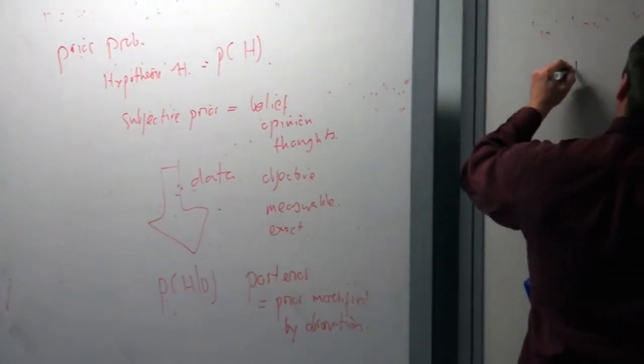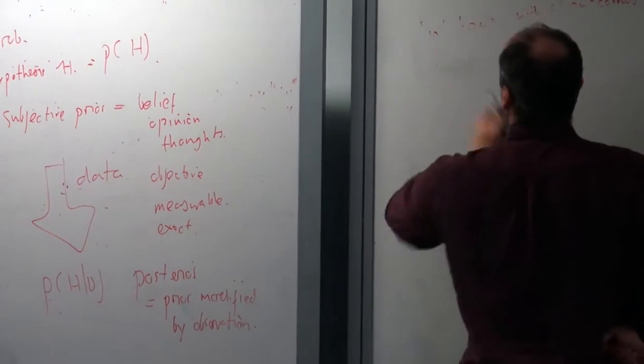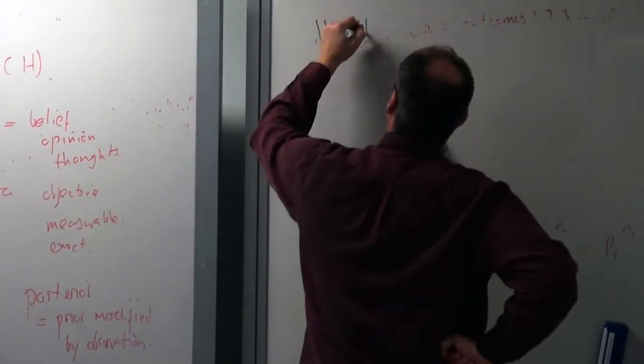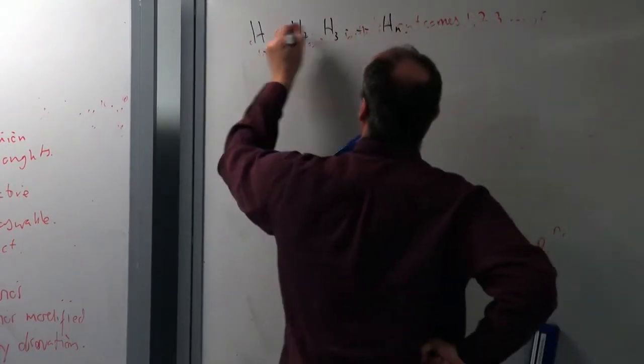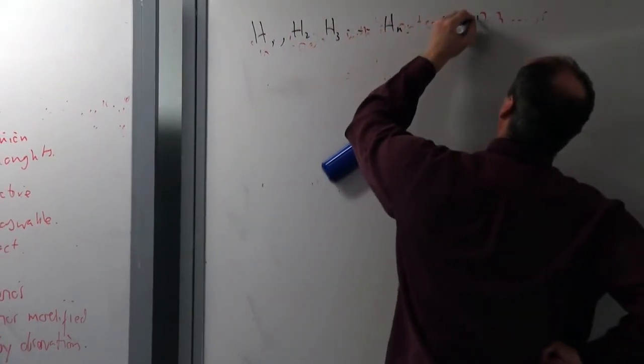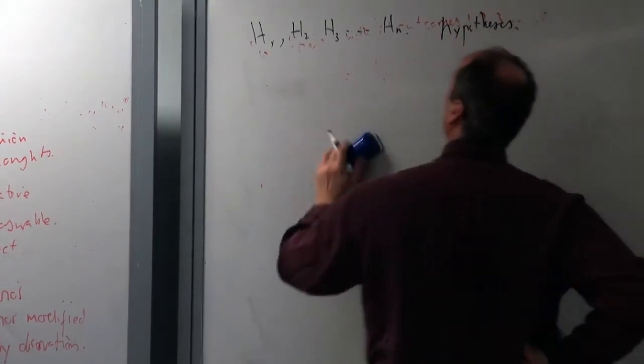So the probability of H, if you've got H1, H2, H3 up to Hn, these are your hypotheses.